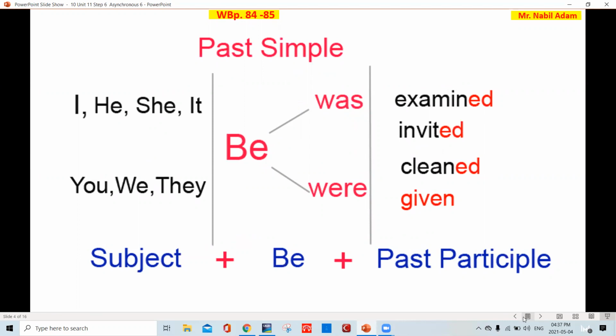Was examined or were examined. Was invited, were invited. Was cleaned, were cleaned, or was given, were given. So we start with the object, not the subject, and then verb to be plus past participle.